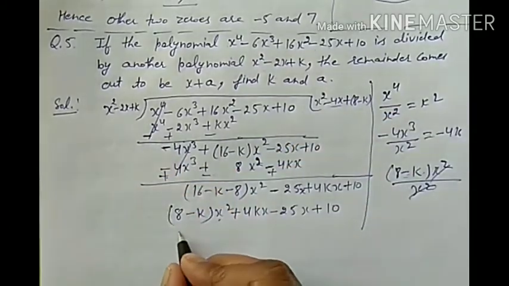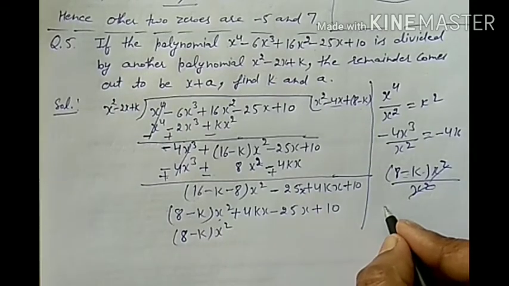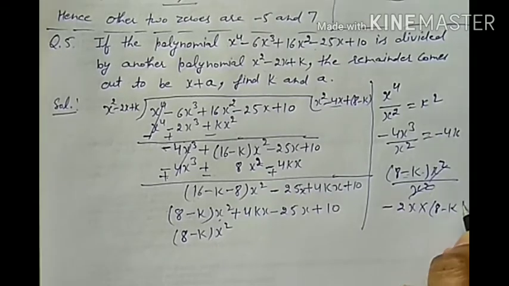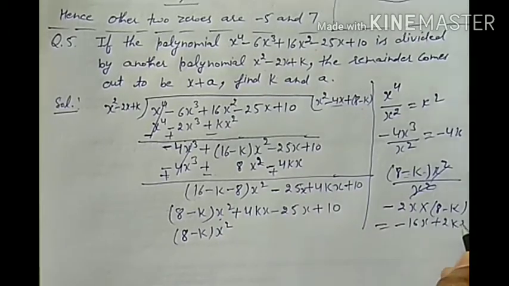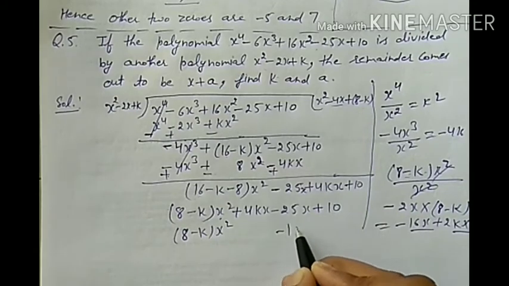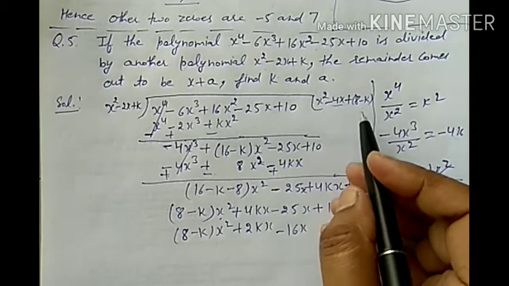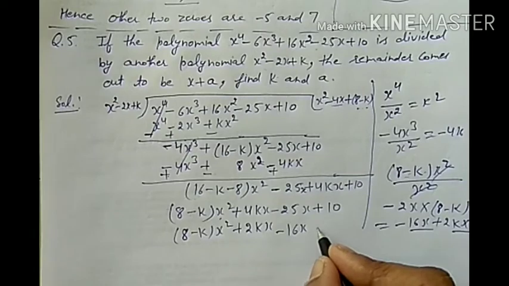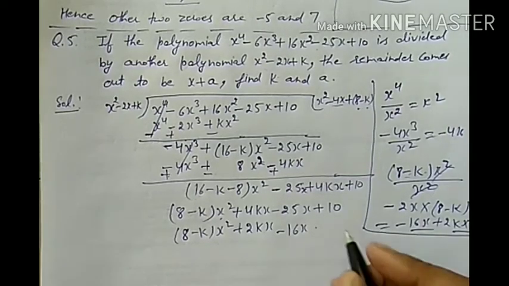Again multiply 8 minus k x square minus 2x multiply by 8 minus k. So it will be equal to minus 16x plus 2kx below the like terms. So here minus 16x and plus 2kx. 8 minus k multiply by k, that will be the constant term, and we can write below 10 or separately.